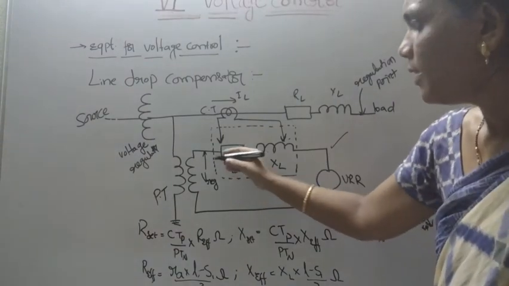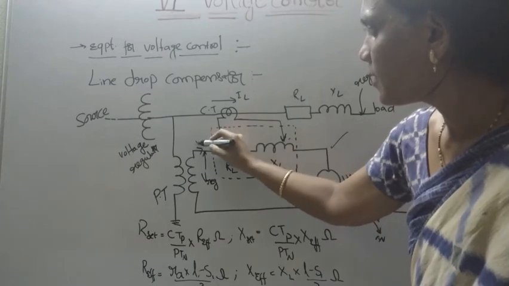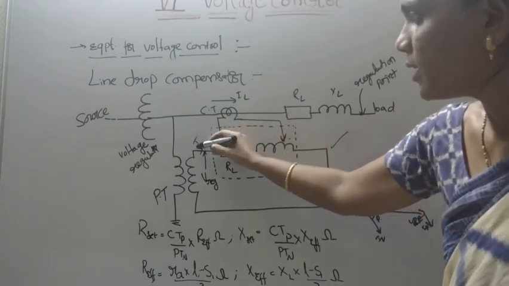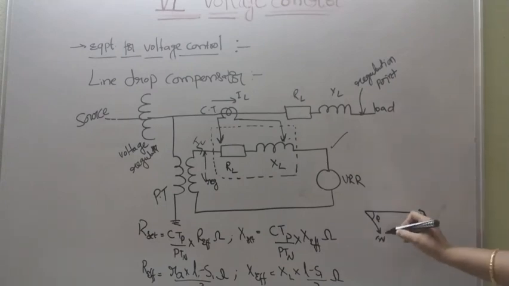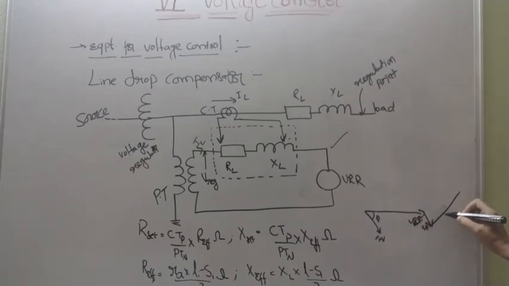RL and IL are in phase, because the same current flows in the circuit. The inductive drop is 90 degrees to the resistive drop.